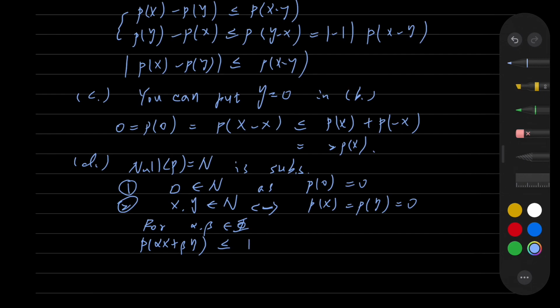By both rules of the seminorms, we get a sum of terms which are both 0. So alpha x plus beta y is in the null space, and it's a subspace.